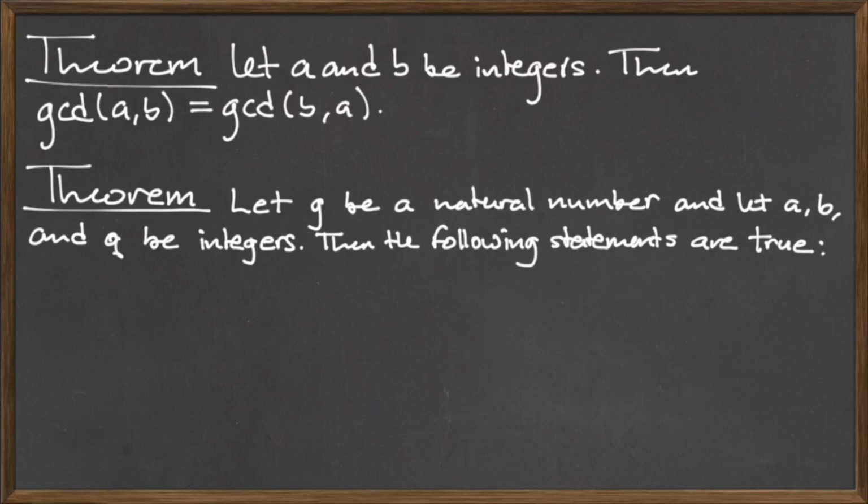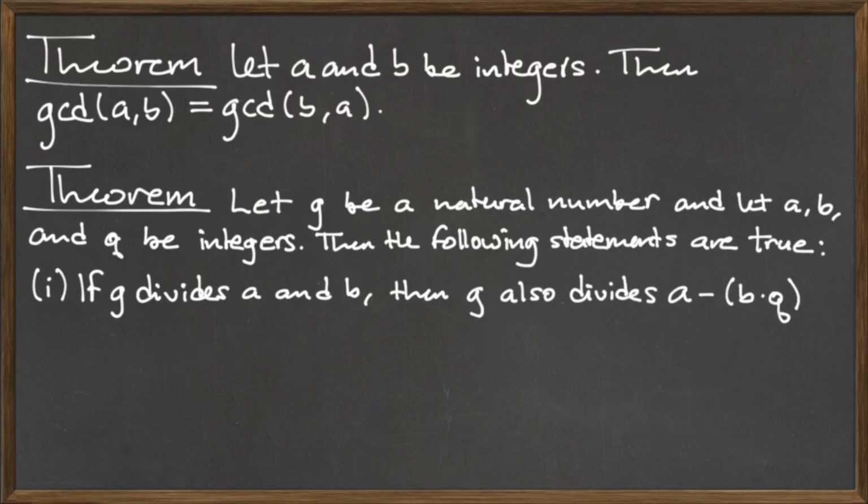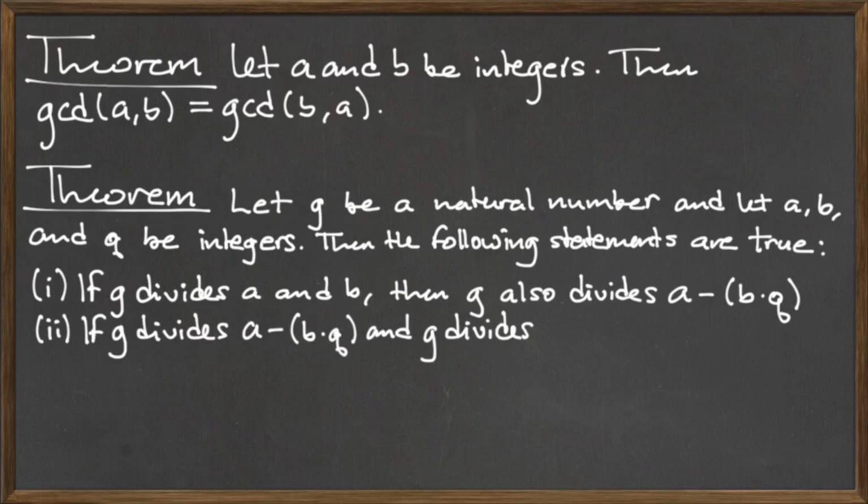Statement 1. If g divides both a and b, then g also divides a minus the quantity b times q. Statement 2. If g divides a minus the quantity b times q, and g divides b, then g also divides a.